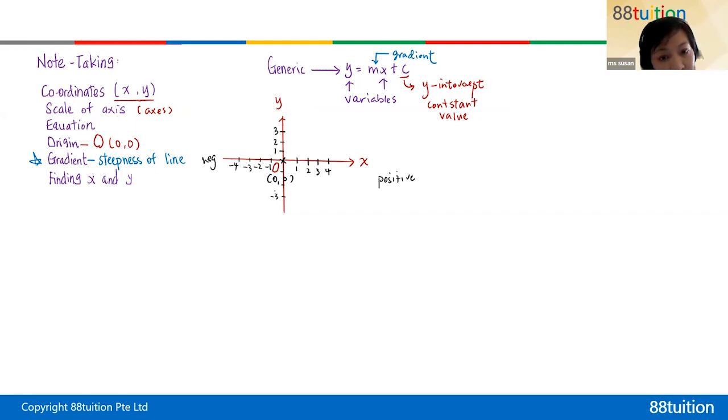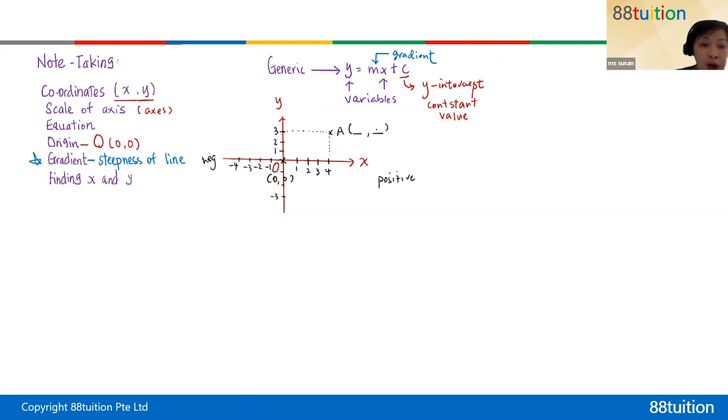How are we going to read a coordinate? For example, I give you this example here. This is point A. How are we going to read the coordinates of point A? We always draw a dotted line towards the x-axis, and draw a dotted line across until it touches the y-axis. Then you put the bracket, comma, and close bracket, which consists of the reading from the x-axis and y-axis.